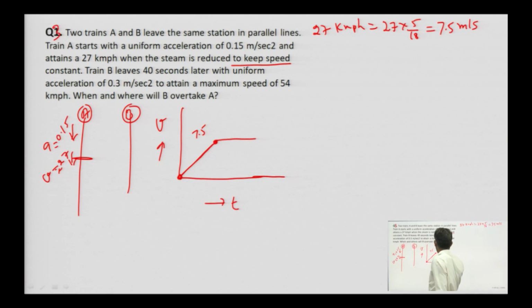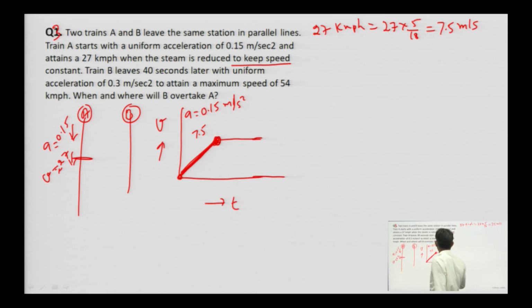Train B leaves, and the value of a is given for this region as 0.15 meter per second square.